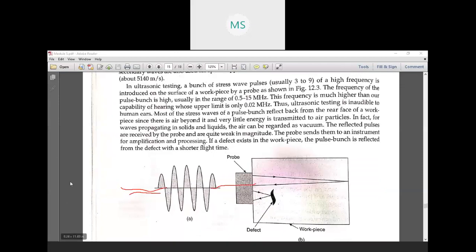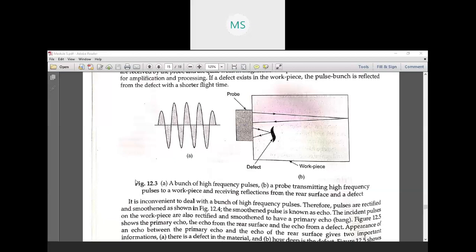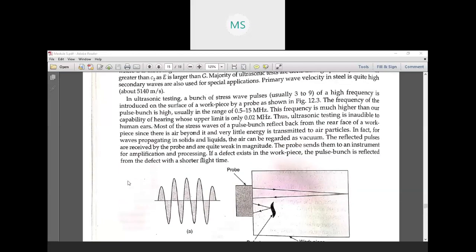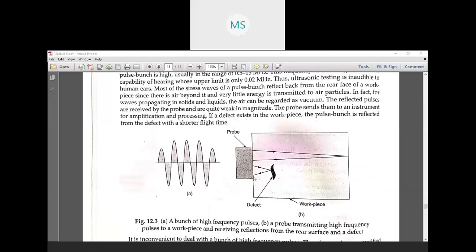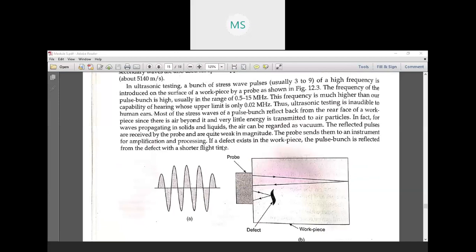Let us see the proof for that, how it works. It's very easy, as you can see on the screen. In ultrasonic testing, a bunch of stress wave pulses are sent through the probe, traveling with very high frequency on the surface of a workpiece, as shown in the figure.